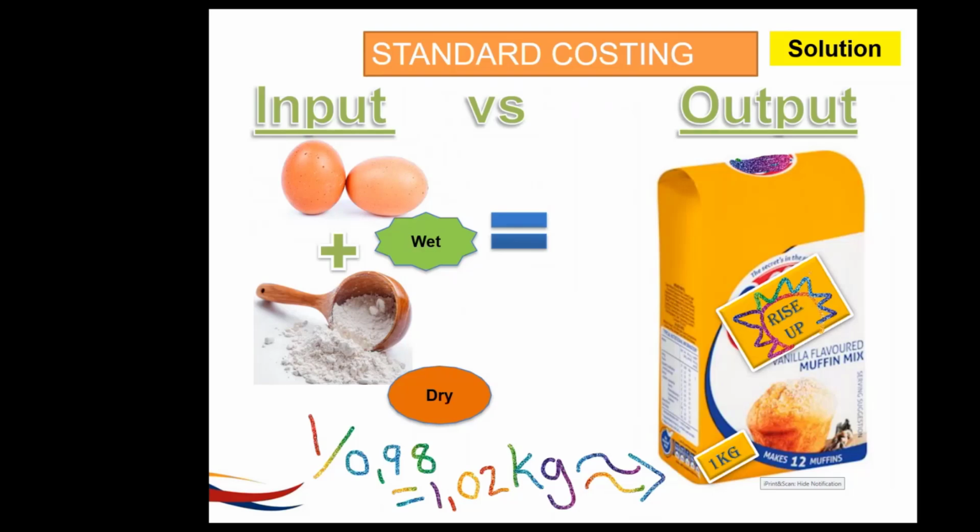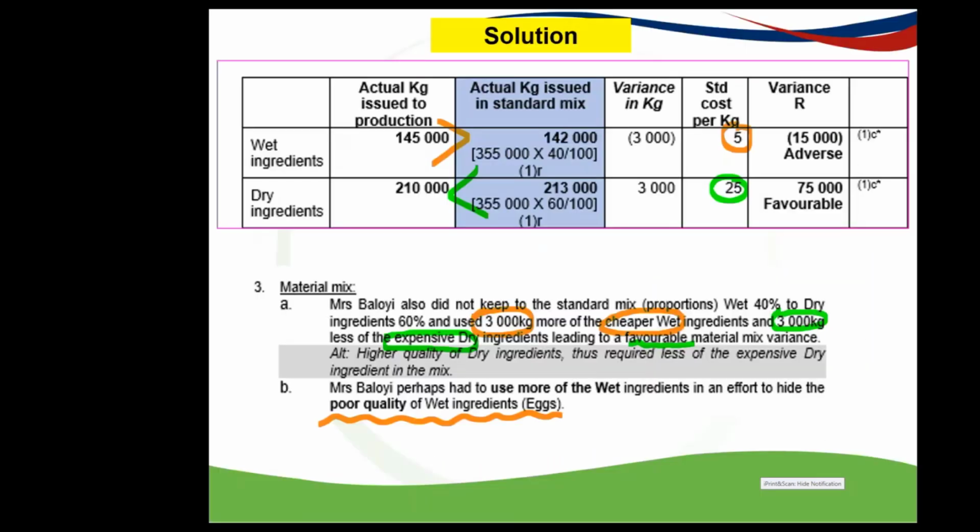A quick one, ma'am. When it comes to the standard course, the mix part, do you perhaps have a better way of understanding it? Because I always confuse, more especially when I've got to convert the actual into standard.